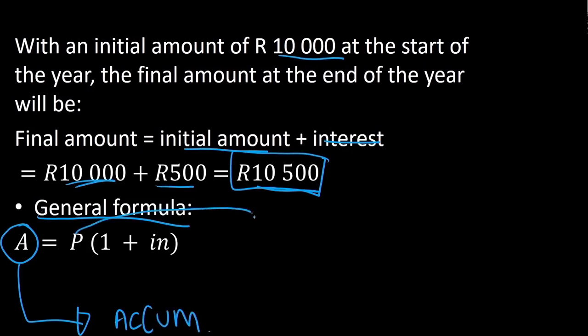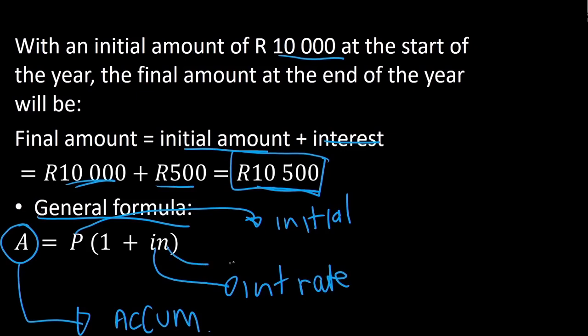P is the initial amount that you invest. i is your interest rate in decimal form. And n is the period in years, so it's the number of years.